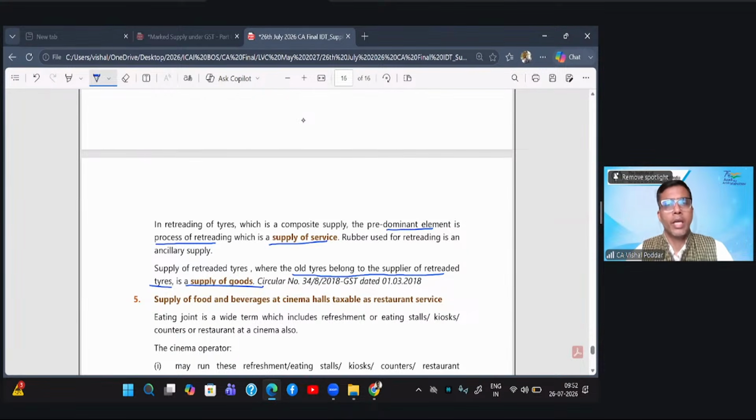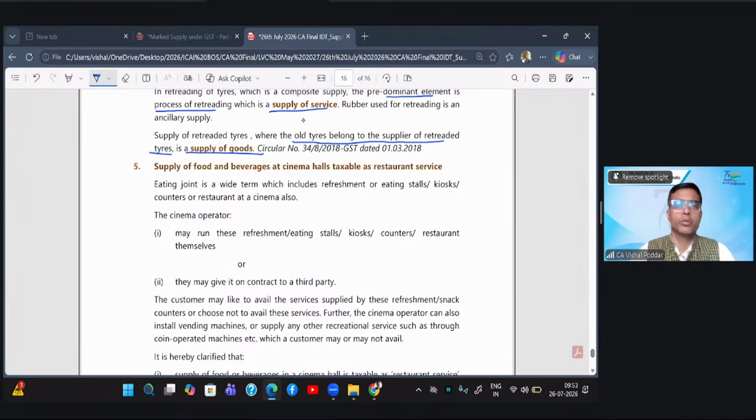Where the tire belongs to you and you are coming to me only for the retreading, so you are coming for the service, it is supply of service. Where the tire also belongs to me and I purchase old tires, do retreading and then sell them as good tires, in such cases, my intention is to supply the tires, hence it will be supply of goods.